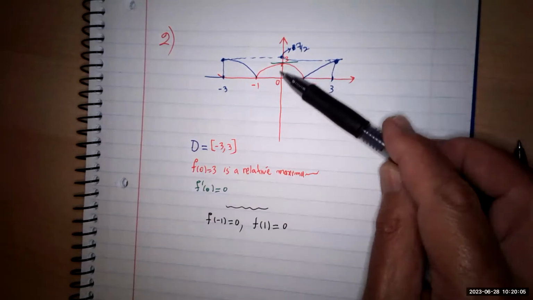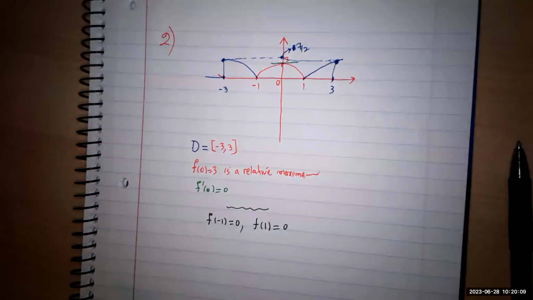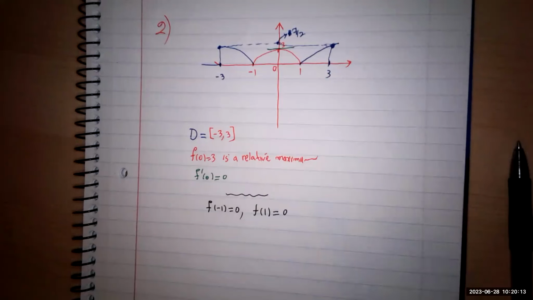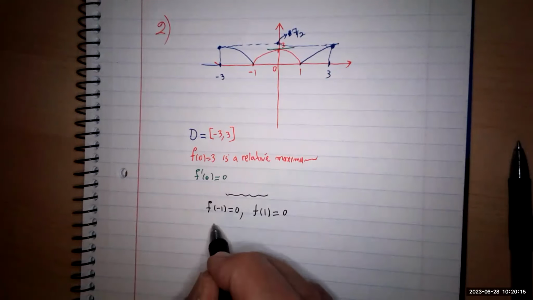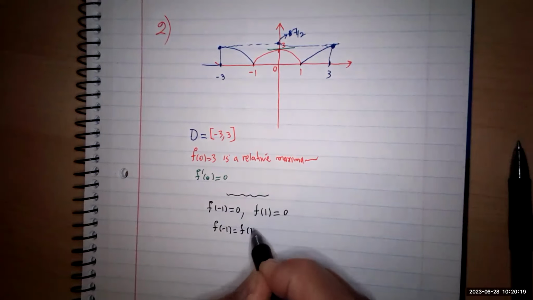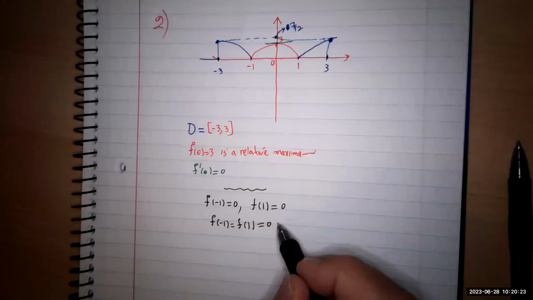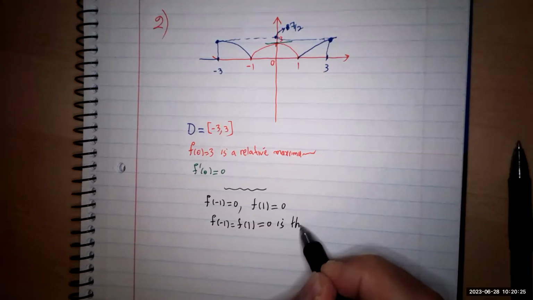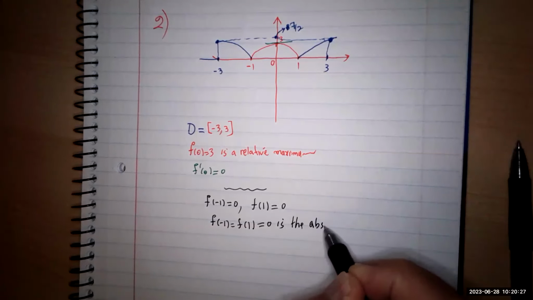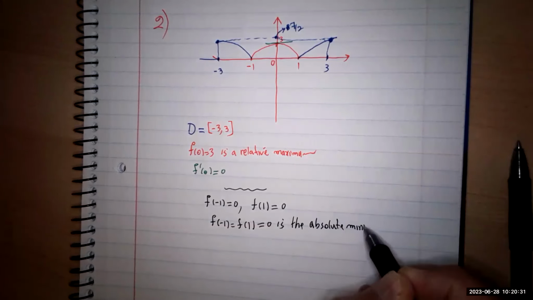You see your graph starts from the x-axis and goes up, up, up. So this means f of -1, which is equal to f of 1, which is equal to 0. So 0 is the absolute minimum of your function.